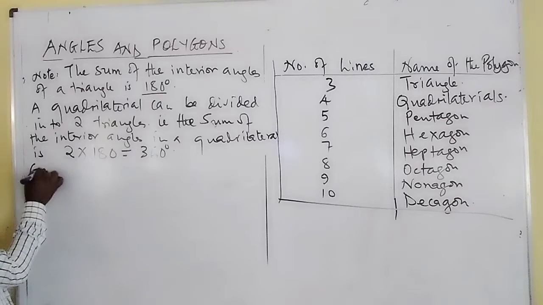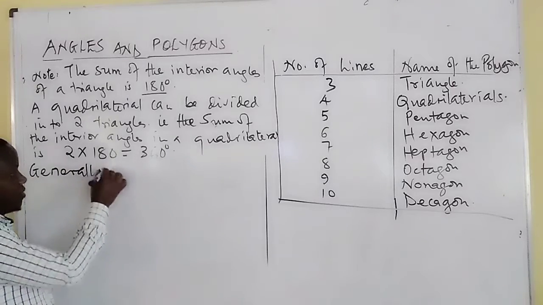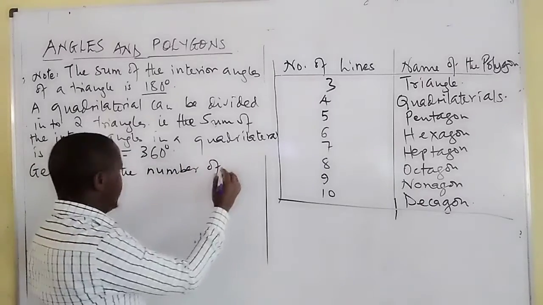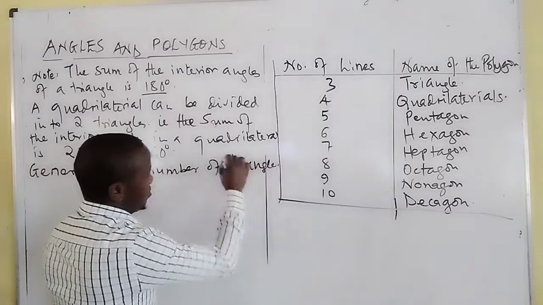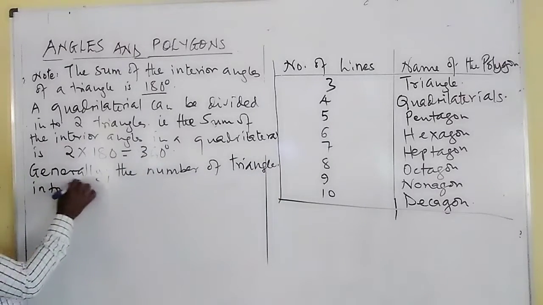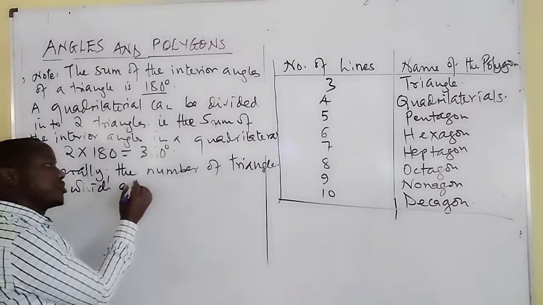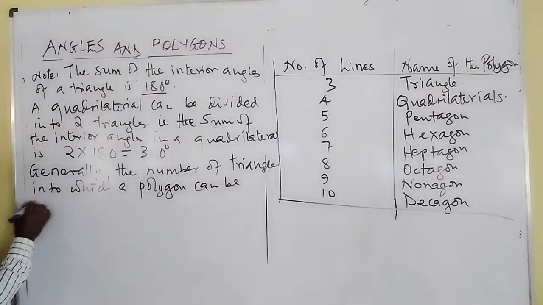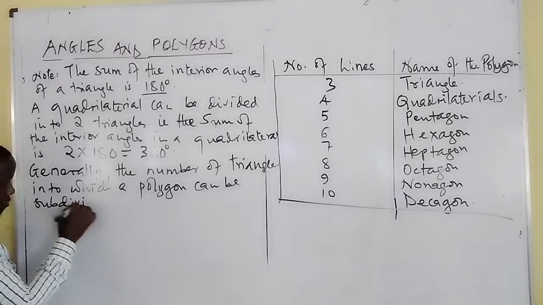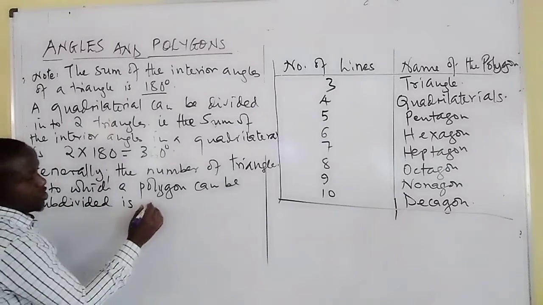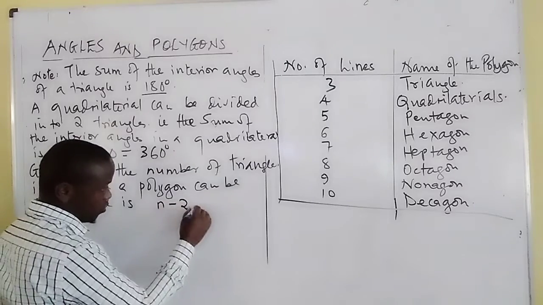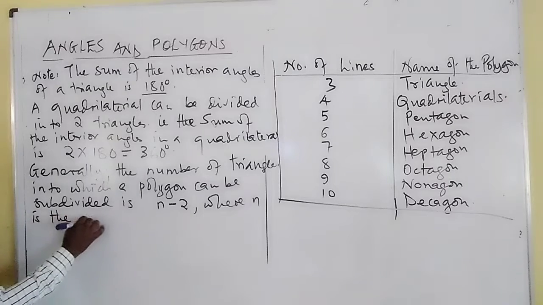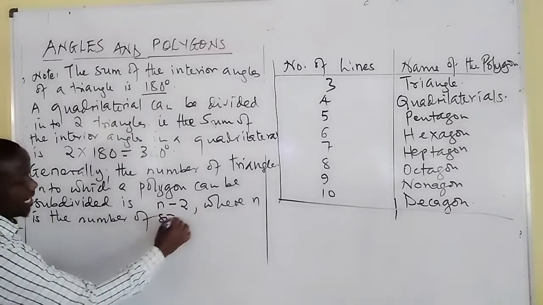Therefore, generally, we can say the number of triangles into which a polygon can be subdivided is n minus 2, where n is the number of sides.